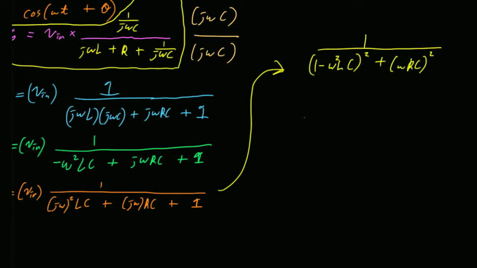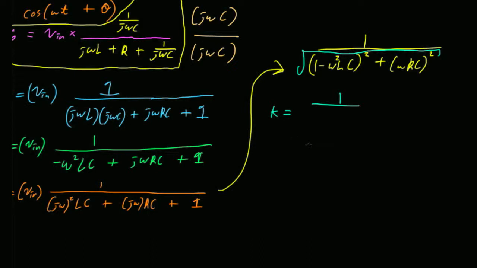So I'll write the magnitude as variable k. So k equals 1 over 1 minus omega squared LC squared plus omega RC squared, and that's all square root.